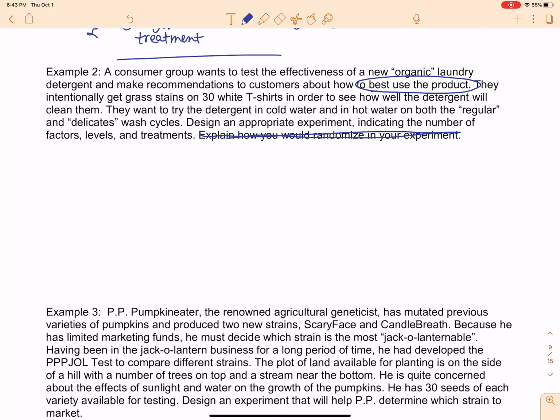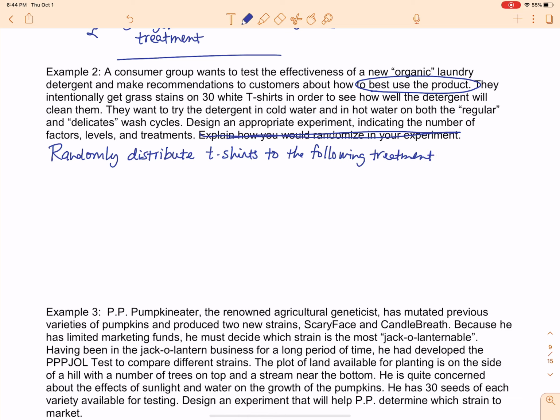If I'm going to design the experiment, I'm going to write this one out, so bear with my handwriting. I know it's going to be rough. Randomly distribute t-shirts to the following treatment groups.